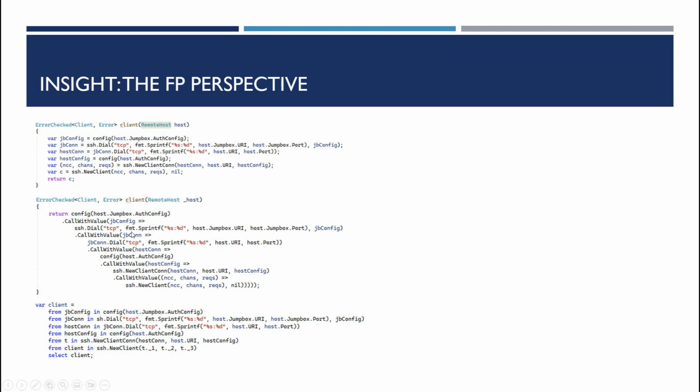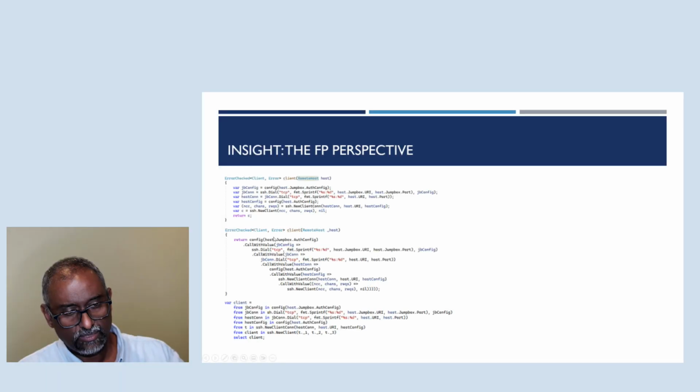So you've turned this problem into a composition problem, and this is the first time using that word, where the composition is composing in the context. In this particular case, the context is the error checked context, which does an error check for every single value. And you've turned that composition into a nicely sugared format.